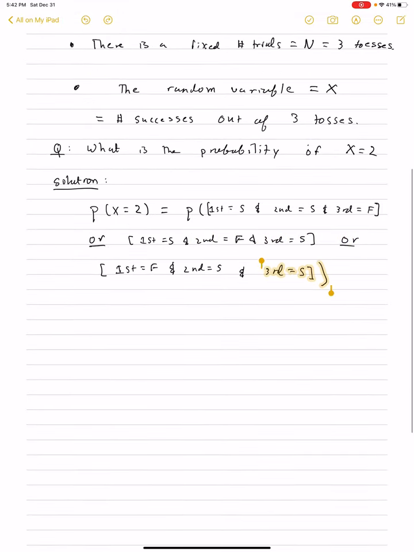Let me try this one more time, and then I'll write it out the long way.